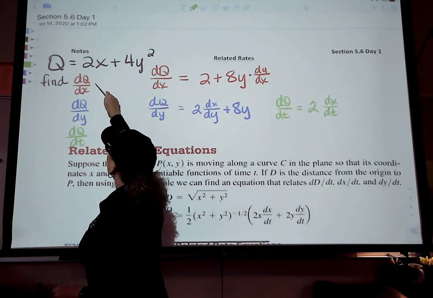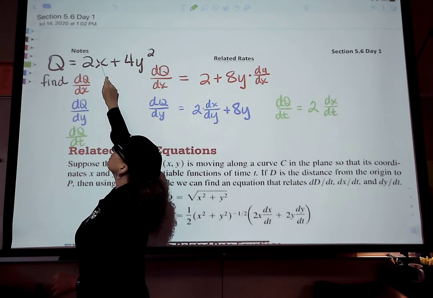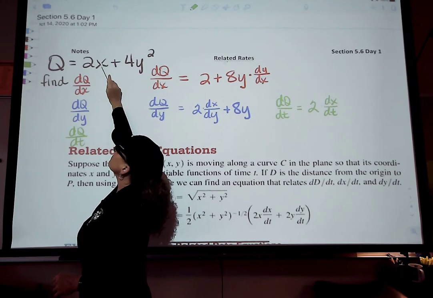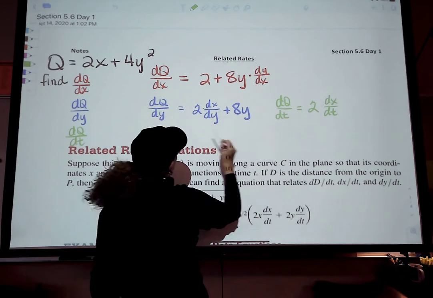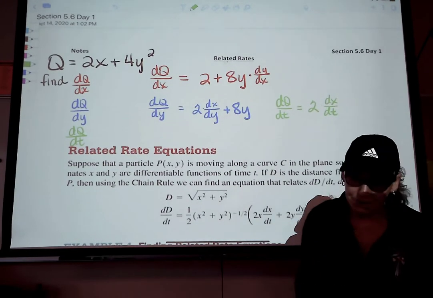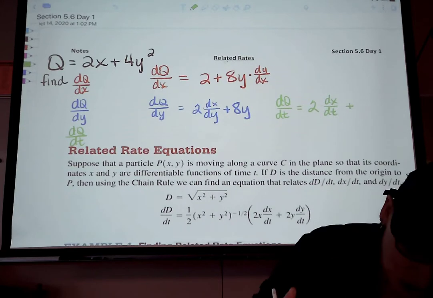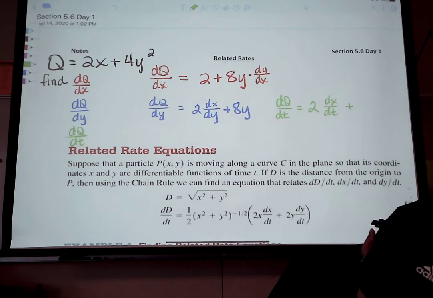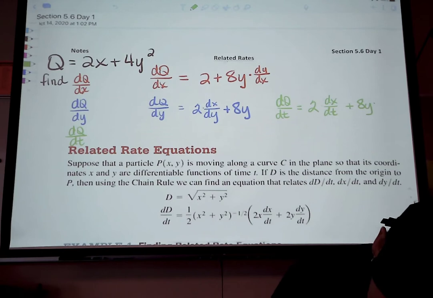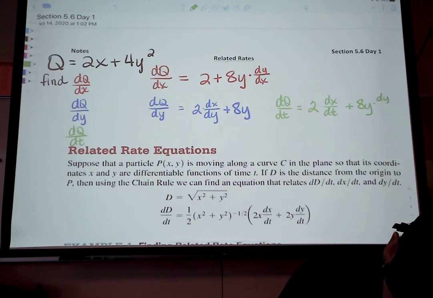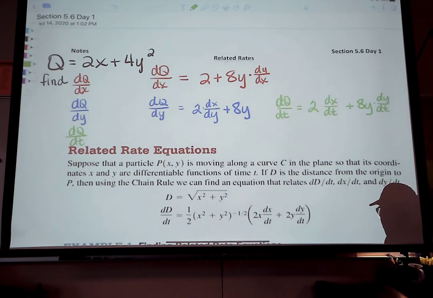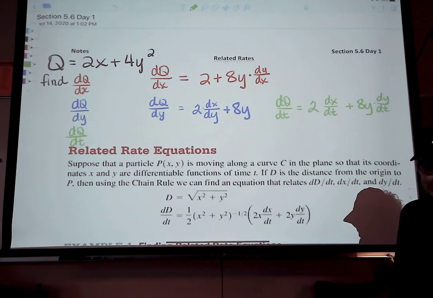So the 2 is the coefficient, that's my derivative, times the derivative of this function, and t is my variable, and that's how you write it, dx dt. Plus, next term, remember y is messy, so it starts off like normal, 8y, and then the derivative of my y function with respect to t. Okay?